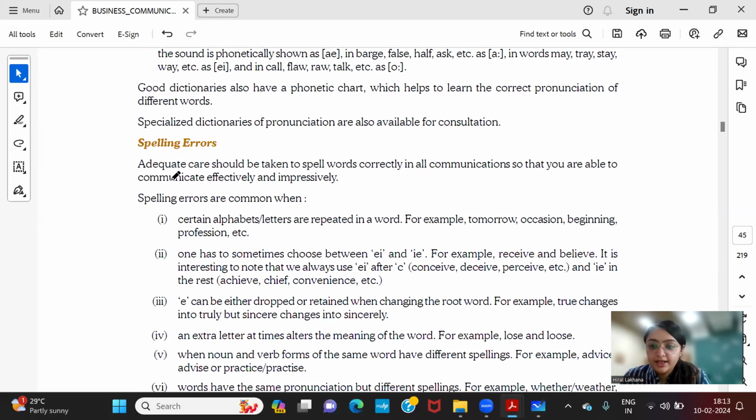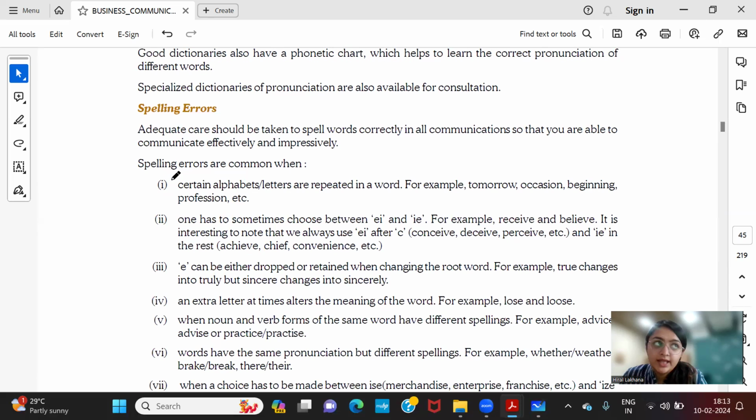Next up are spelling errors. What are the scenarios or instances in which we can have these spelling errors? Spelling errors are common when certain alphabets are repeated in a word. When we were talking about the case of tomorrow, we know that letters are repeated, so many a time speakers tend to repeat M as well. Then occasion, beginning, profession.